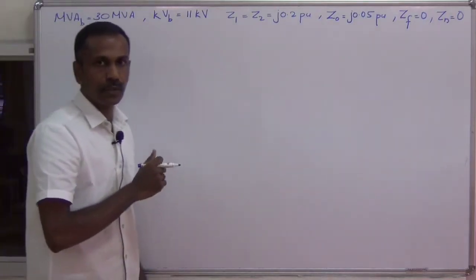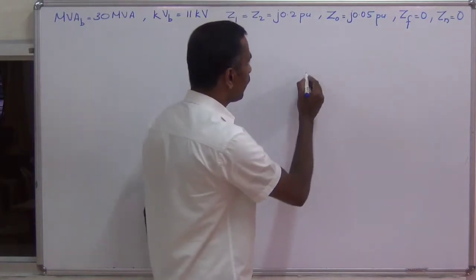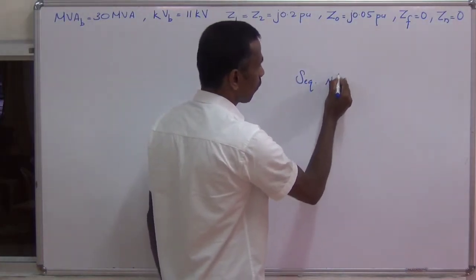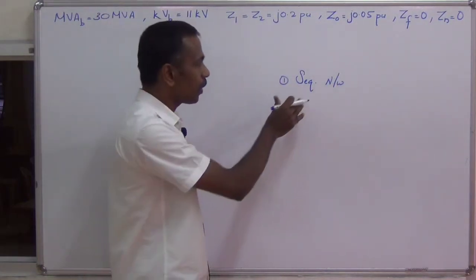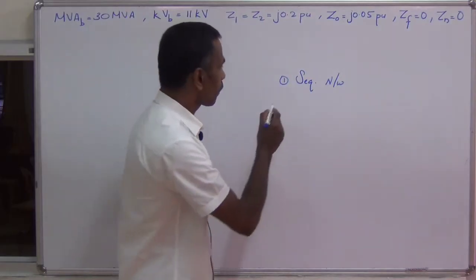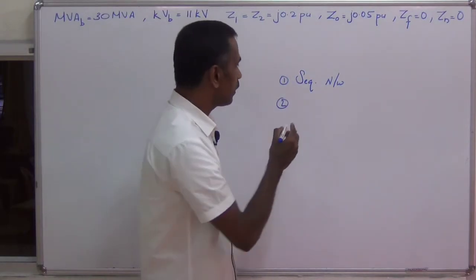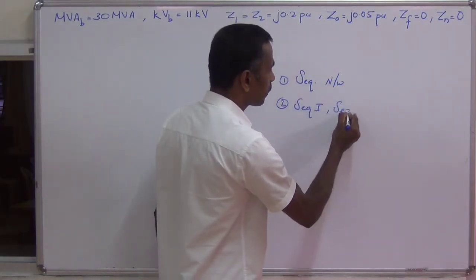This is the approach we are using to solve asymmetrical faults. First, we need to draw the sequence network. After choosing the base values, we need to draw the sequence network. From the sequence network, we need to find out the sequence currents and the sequence voltages.